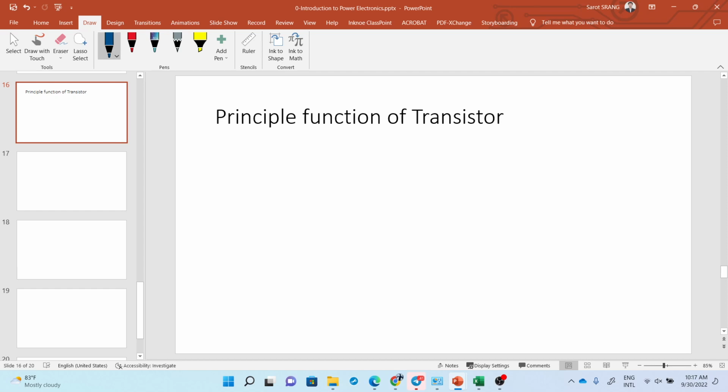Actually, there are many types of transistors. So I'm going to show the first one, a very simple one, which has a symbol like this.